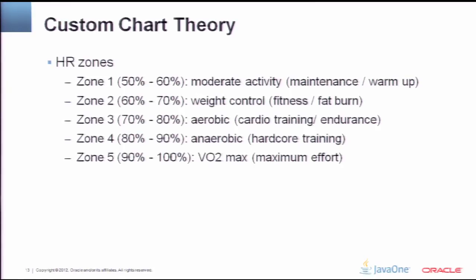The chart which I implemented displays the time spent in each zone by different colors, so a bar is created from 5 pieces, each piece of another color, and that's how each exercise is visualized here.